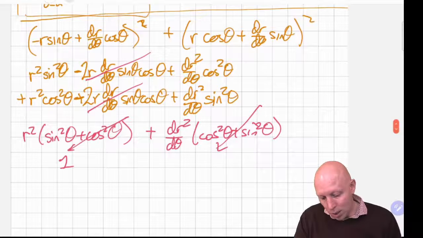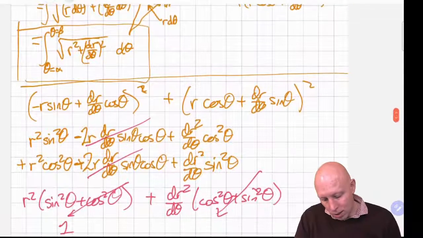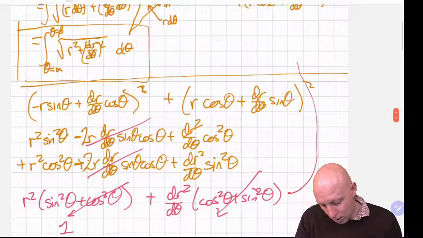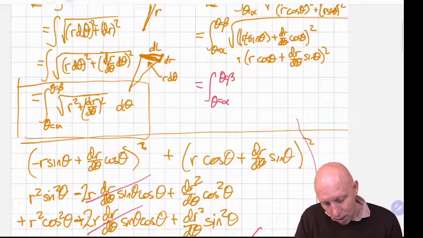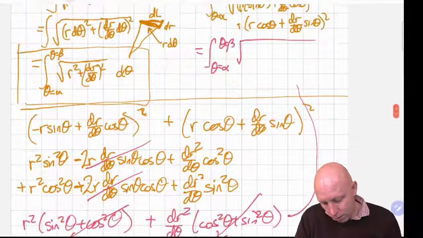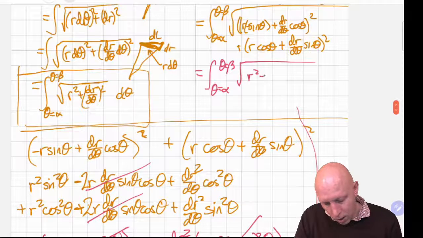Putting this back in, what do we get? The integral from theta equal to alpha to theta equal to beta of the square root of r squared plus dr d theta squared, d theta.